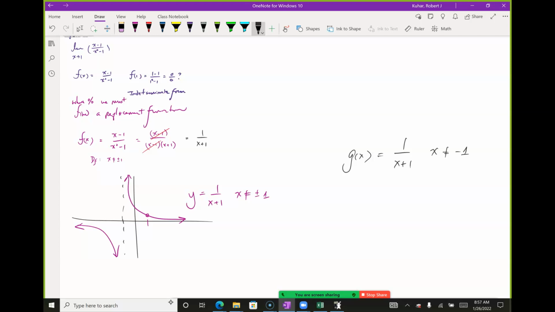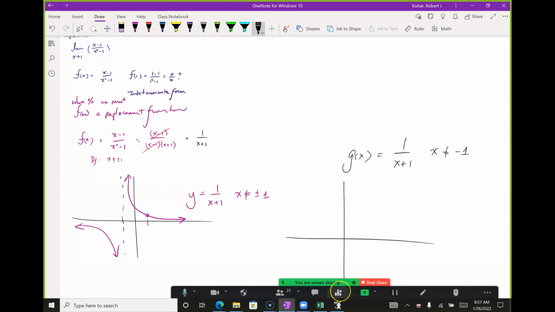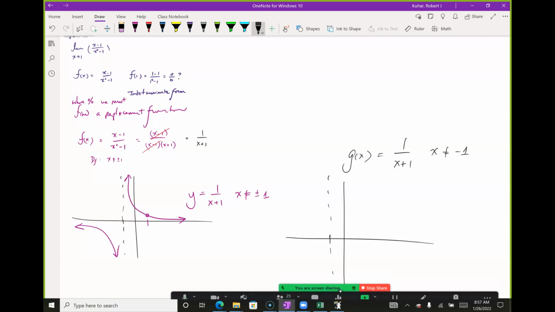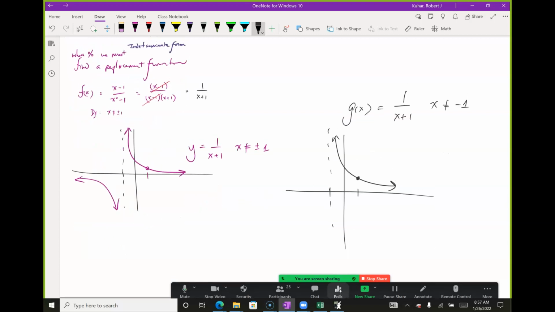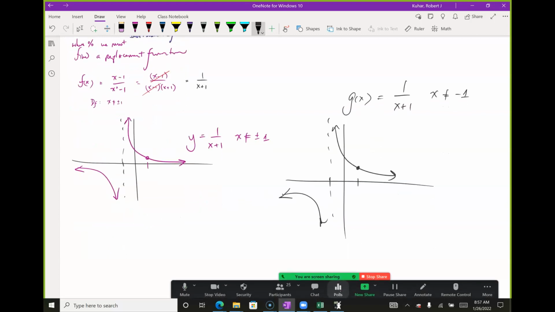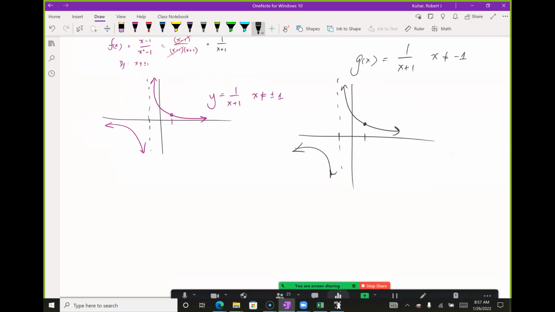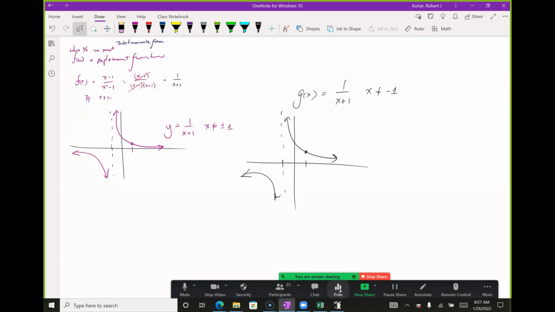What I'm just trying to do is fill that hole, right? So g of x at 1 has a value. Whenever I get this indeterminate form, this is what I'm trying to do. I'm trying to get a replacement function that will allow me to plug in that value of c.